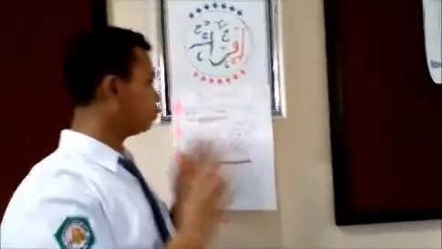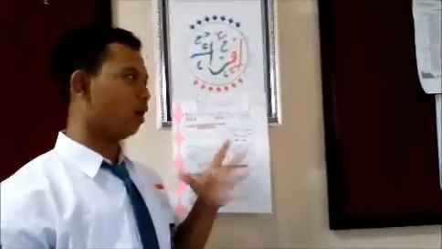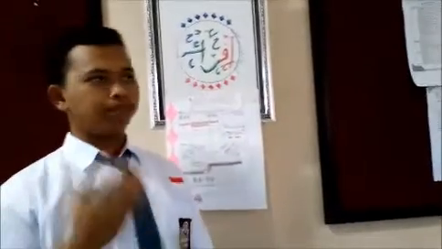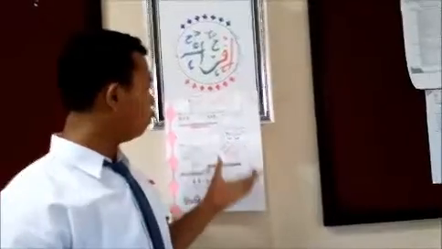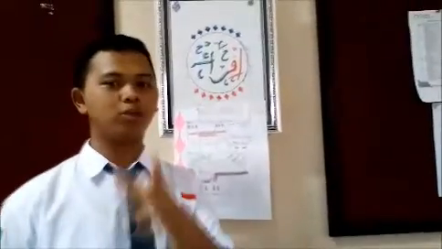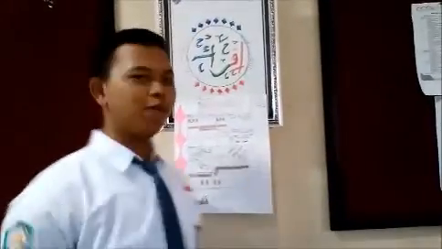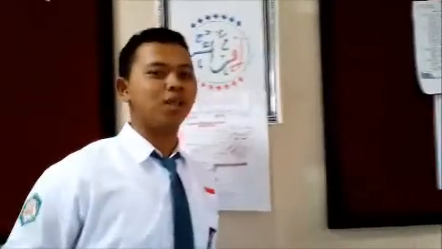After that, just substitute that 3 into the equation. Then you find the value of that function. If you want to know the value, just calculate it yourself. And if you don't understand, just ask Miss Vivian. Thank you.